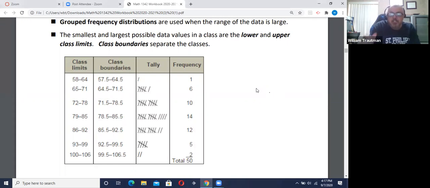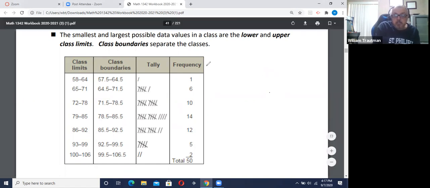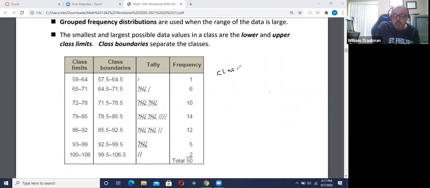So just have a little side note. Class limits, maybe I should write that down here. It's the same decimal place as data.